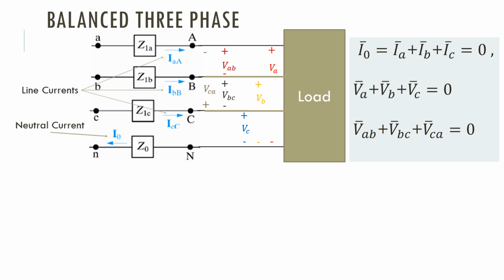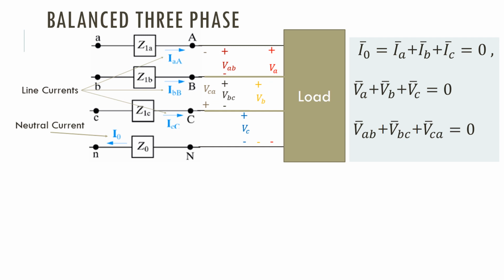So here we will see the balanced three-phase system. In a balanced three-phase system, the neutral current I0 is 0. If you add those phase currents, you will get I0, and that I0 will be 0.